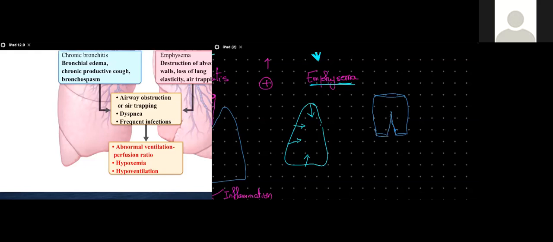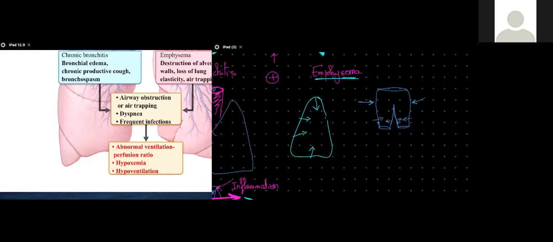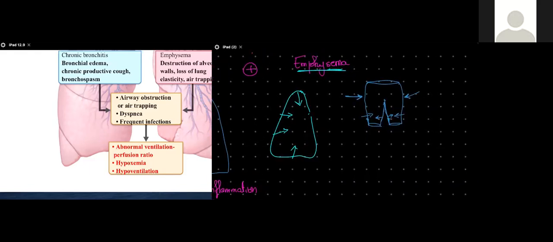You know those sport shorts that compress the muscles? Over time, what's going to happen? They lose their elasticity. They won't be recoiling like a new one. They won't be compressing your muscles like a new one anymore. This is exactly what emphysema is. I've lost the elasticity of the lung.